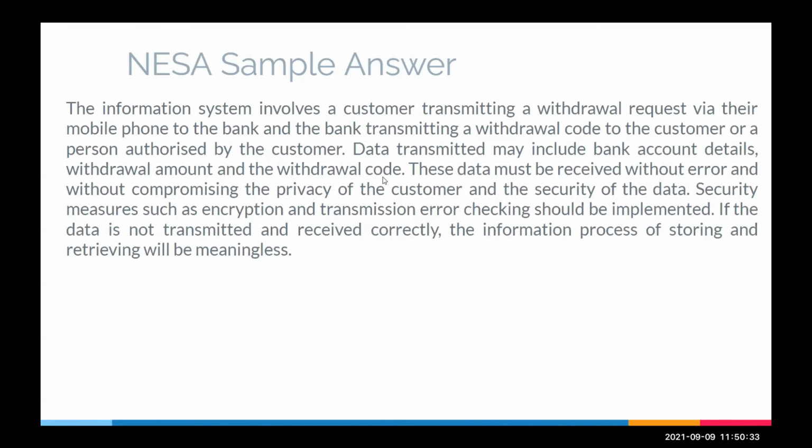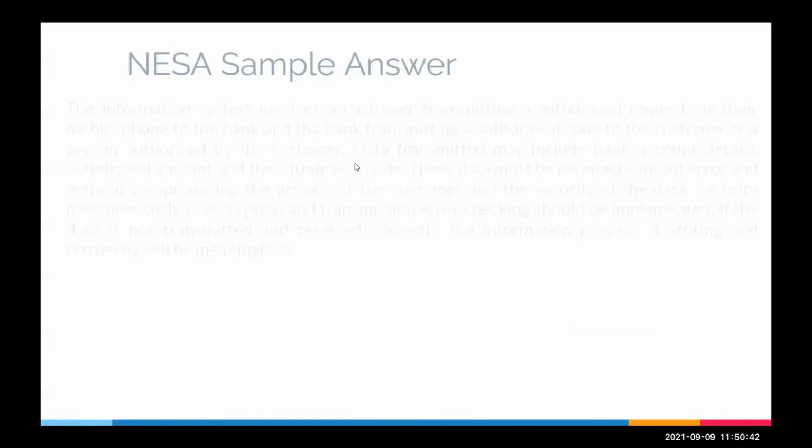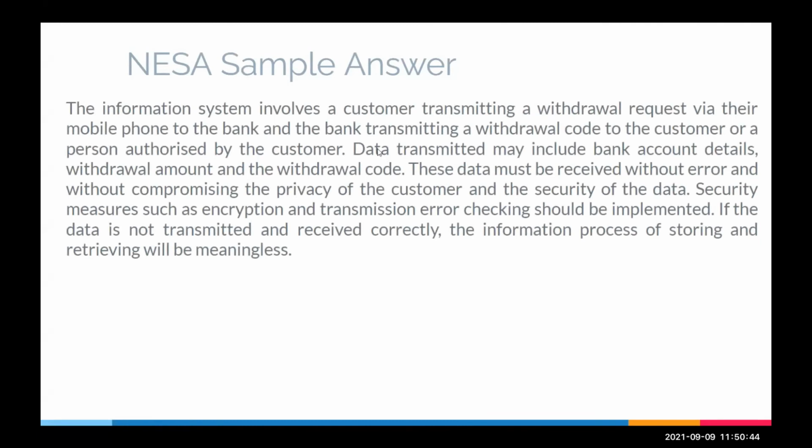So what is this? If you're looking at the marking criteria, that's drawing out and relating implications. So what are the implications? You're not talking about what is transmitting, but what's being transmitted. So that's the implication.